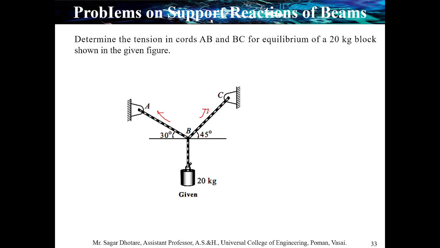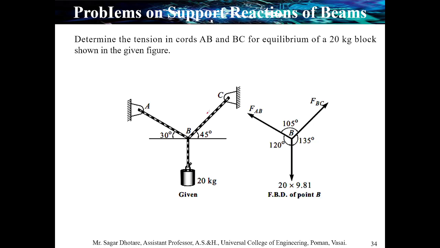Before going further we have to make a free body diagram. We know how to make a free body diagram. A free body diagram shows the different forces, their locations, couples, etc. So the free body diagram for this problem looks like this.